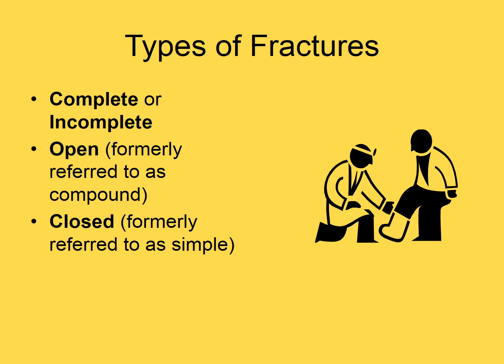So the types of fractures are complete or incomplete, open or closed. Open is formally referred to as compound, and closed is formally referred to as simple. In the complete fracture, the bone is completely separated by a break into two parts, versus incomplete, where there is a partial break in the bone.